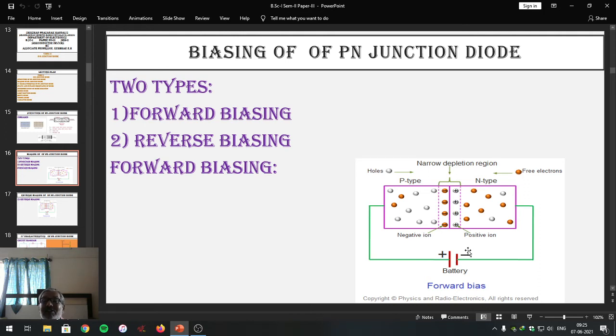Again, I will repeat: the minimum external battery voltage applied to the PN junction diode so that it reduces the depletion layer, reduces the barrier potential and allows the diode to conduct, making electrons flow from the N region into the P region and holes flow from the P region into the N region, is known as the forward breakover voltage.